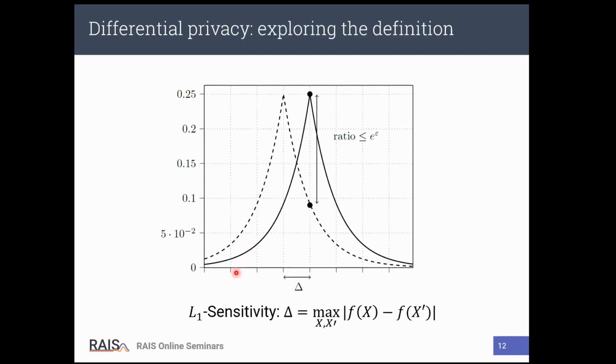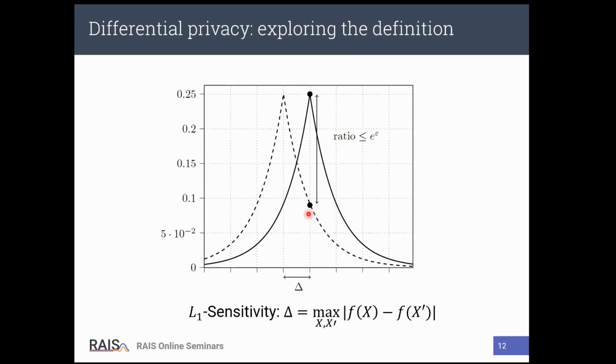Basically, let's say that these are two adjacent databases, and the output in principle might follow these two distributions. The output is random, and it follows these two distributions depending on which of the adjacent databases you have chosen.